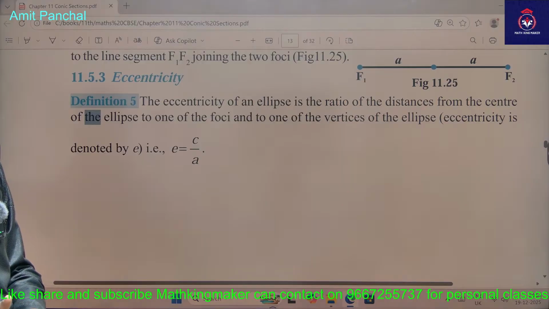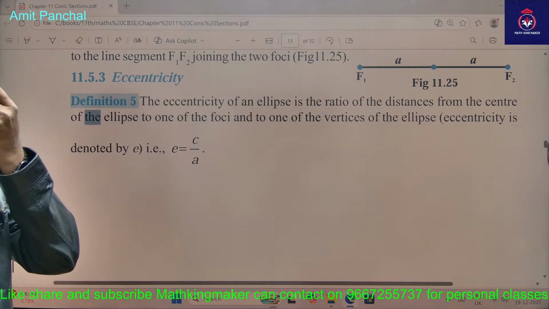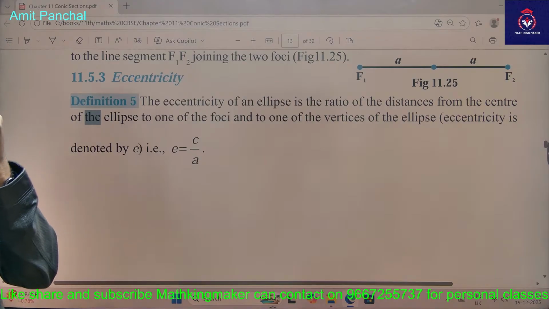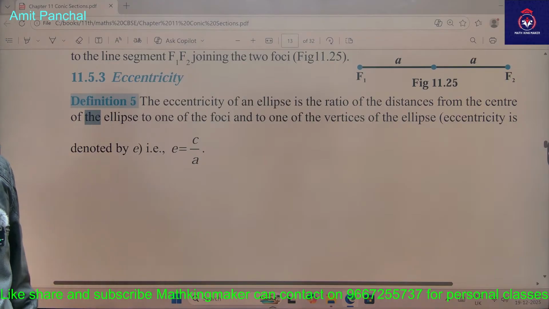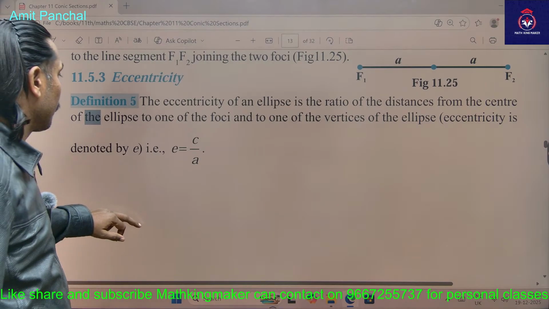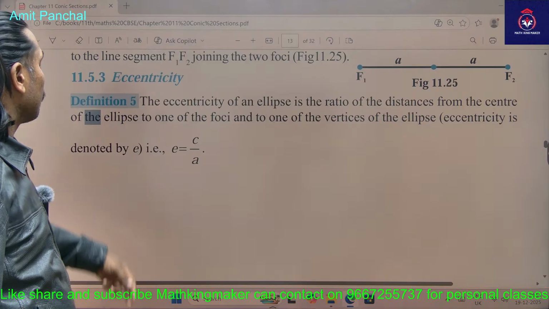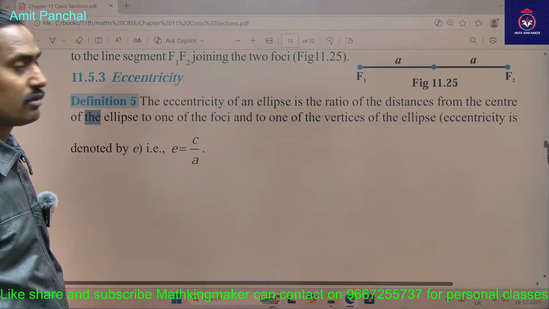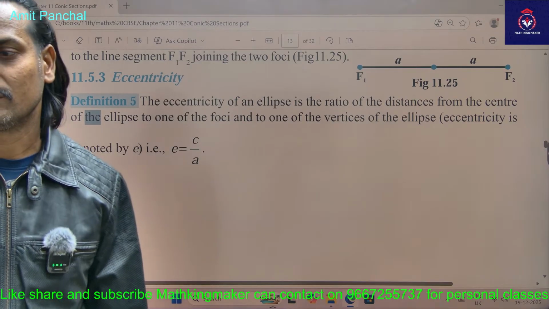The square root of A square minus B square will always be lesser than A. It cannot be greater than 1.